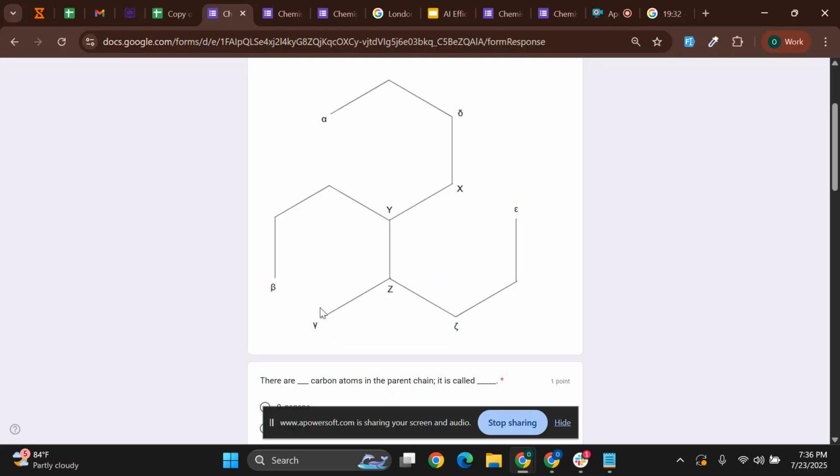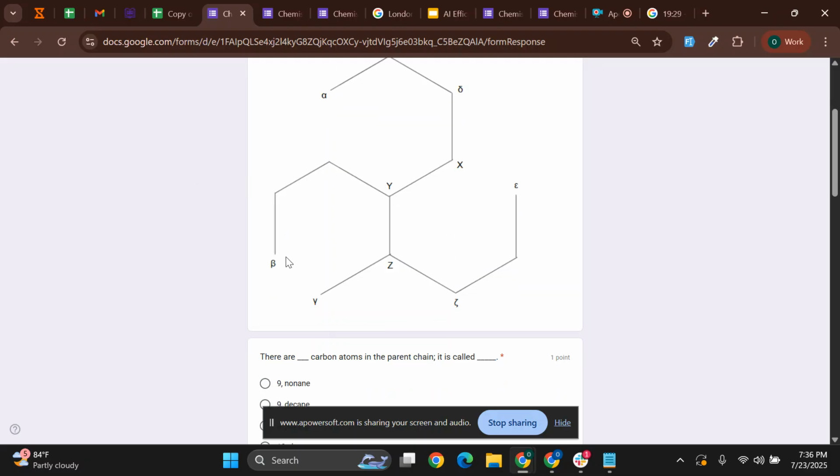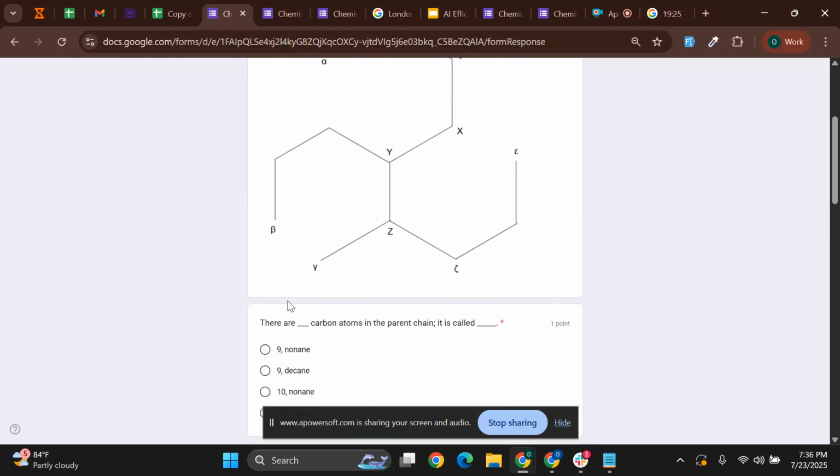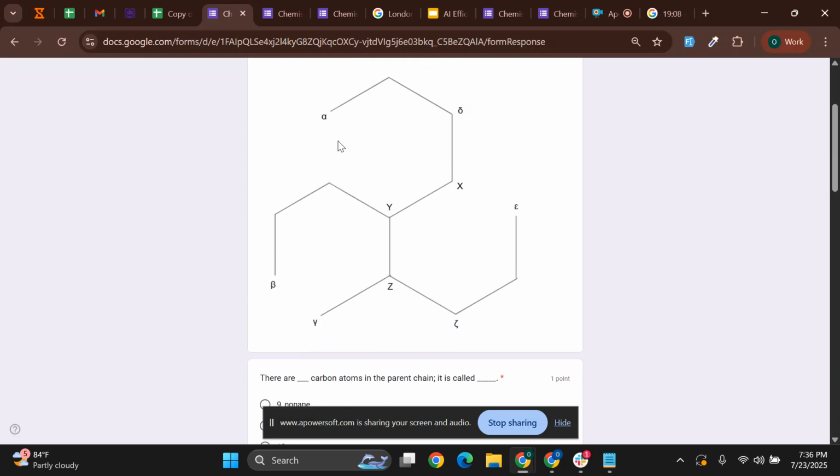This is again a hexagon. There are dash carbon atoms in the parent chain. It is numbered 1, 2, 3, 4, 5, 6, 7, 8, 9, 10, 11, 12.